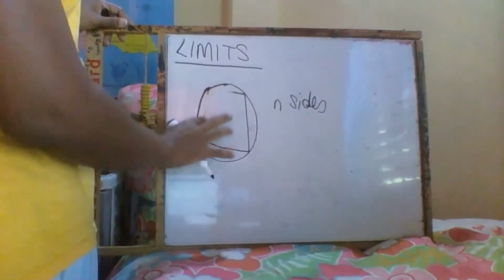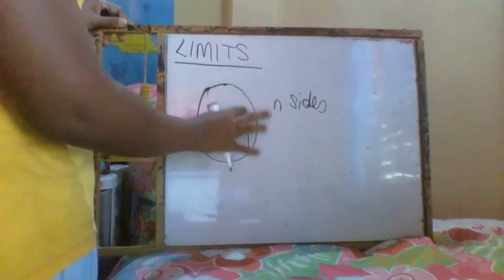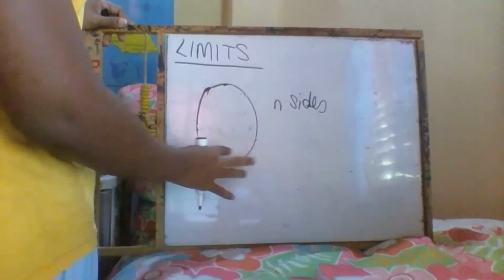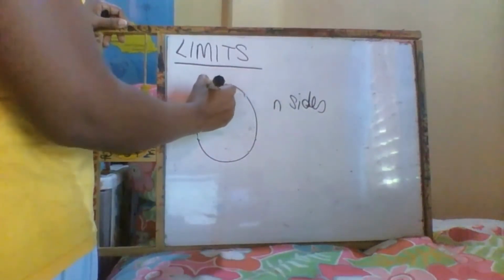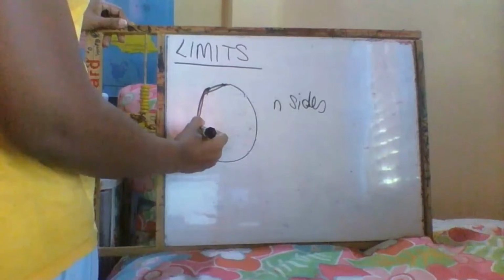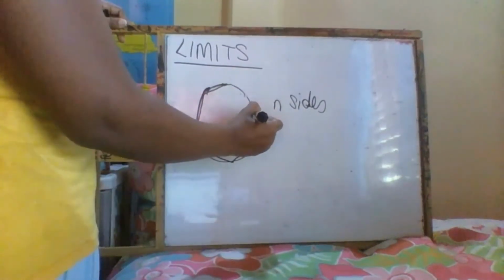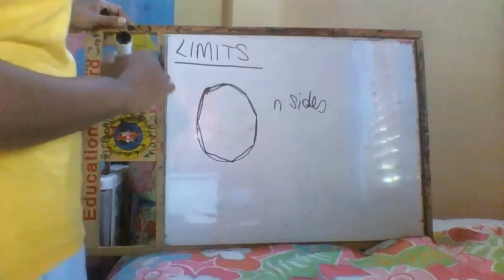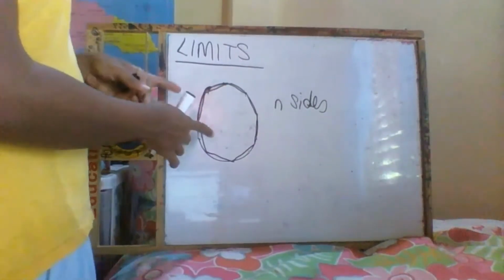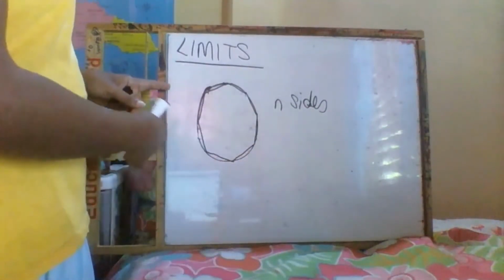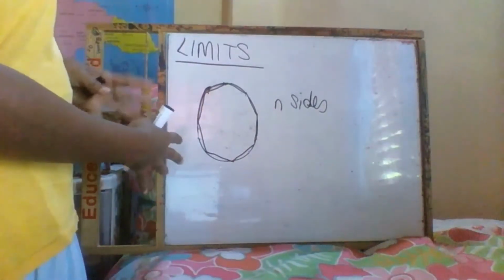And the more I increase the number of sides of my polygon, the greater the value of the area. Until the area of my polygon is very, very close to the area of my circle, but it is still less than the area of the circle.